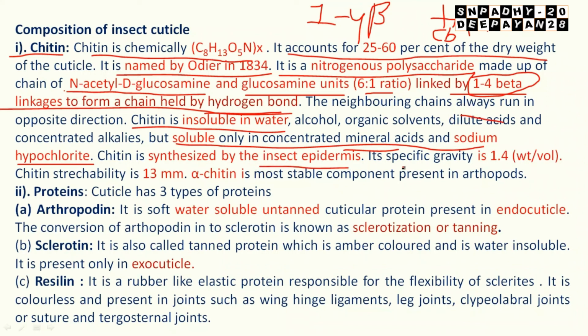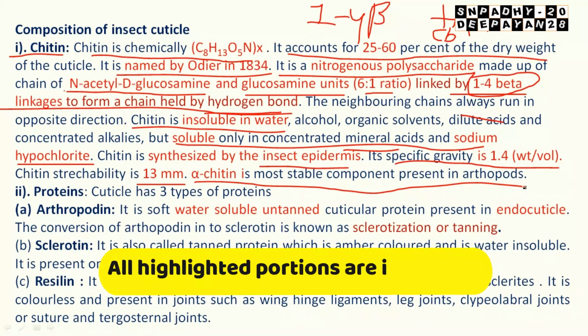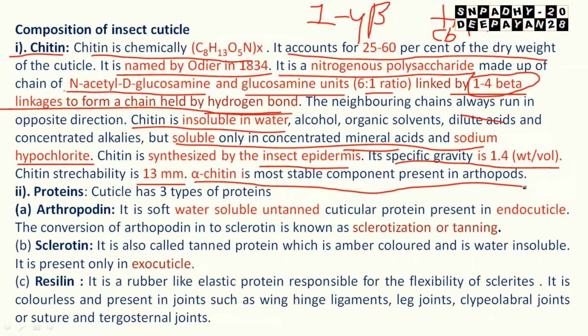This is also important for questions. Specific gravity is 1.4 weight by volume. Stretchability is 13 mm. Alpha chitin is the most stable component present in the arthropods. So what are the things to be remembered in chitin? First is the chemical structure, C8H13O5NX. Then the percentage, 25 to 60%. Named by Odier.